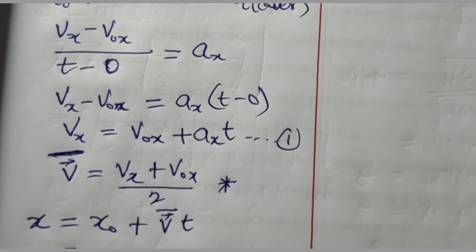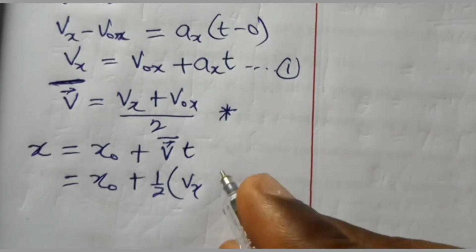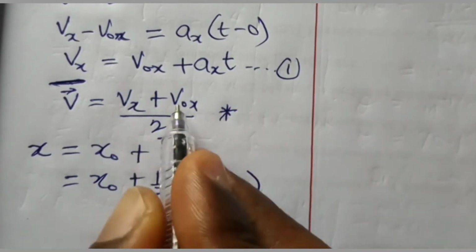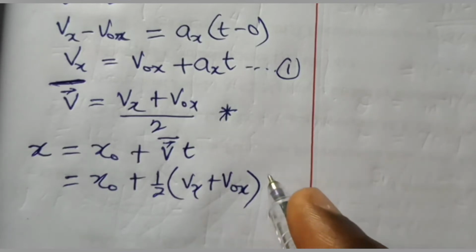So it is equal to x0 plus half (vx plus v0x) times time.